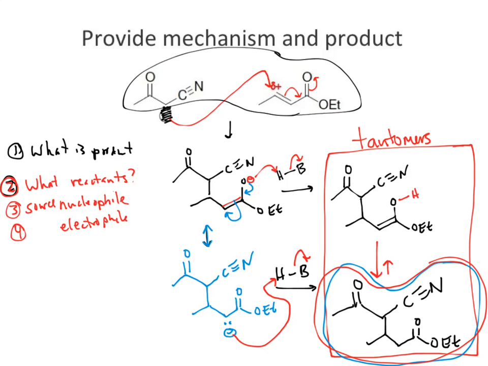And they could show you a whole bunch of different intermediates, which could suck. My guess is if they asked you that, I don't know how to do that one. Other questions?